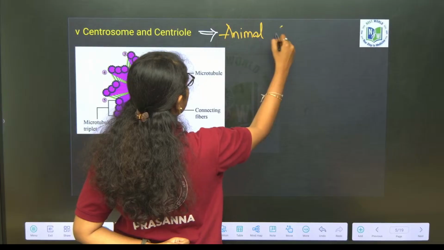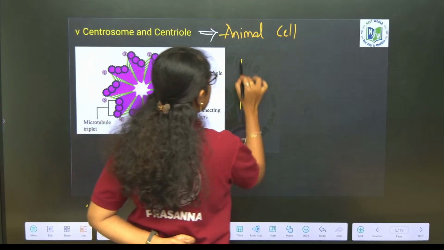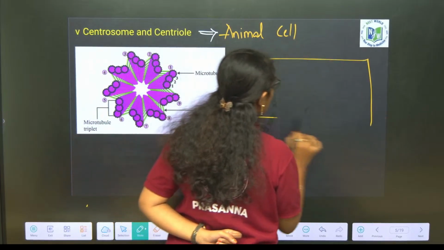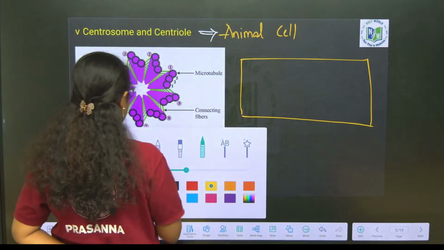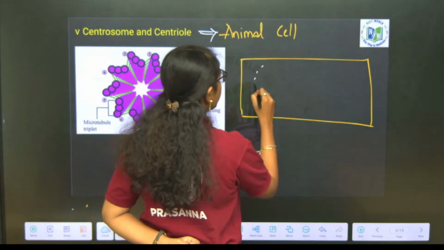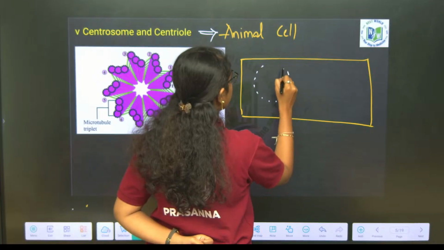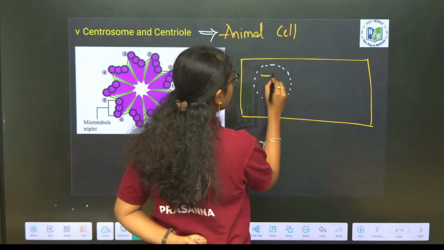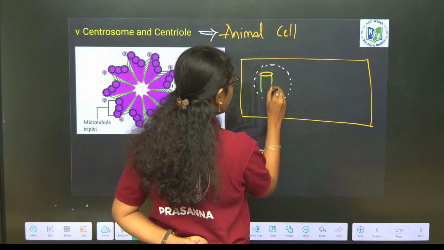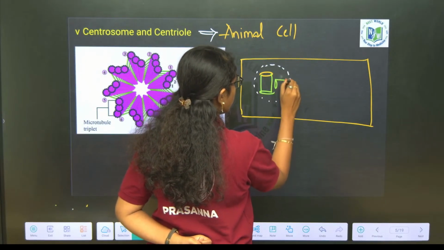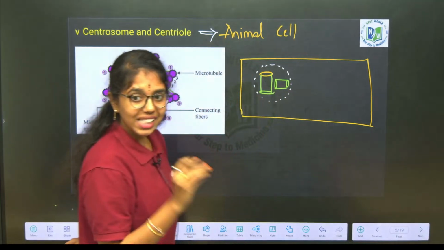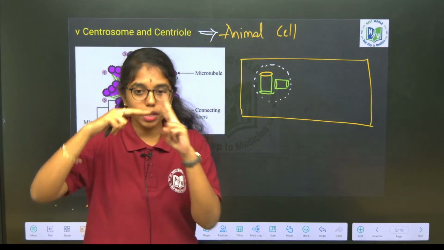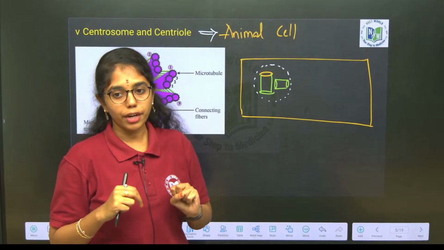If you consider this as an animal cell, inside the animal cell's cytoplasm, a centrosome is present, which has two centrioles that are perpendicularly arranged like this. Centrioles are cylindrical structures which are perpendicularly arranged inside the centrosome.